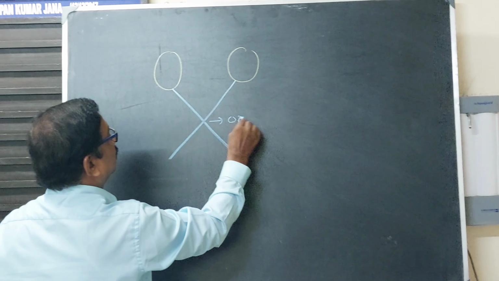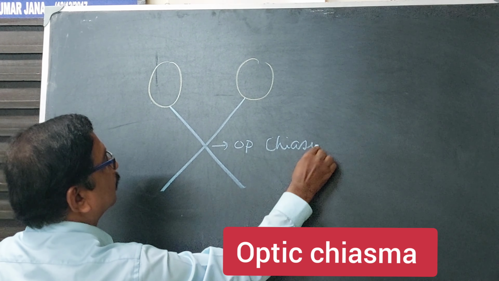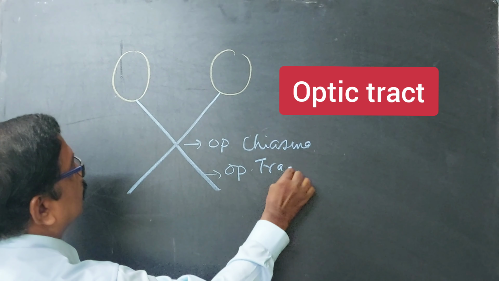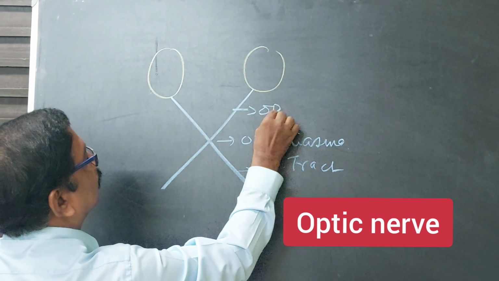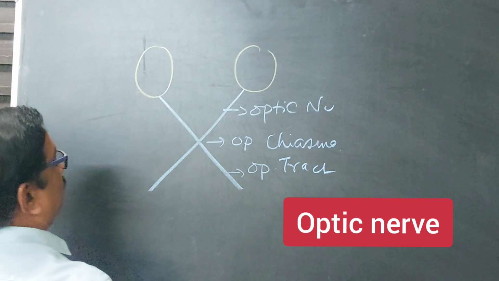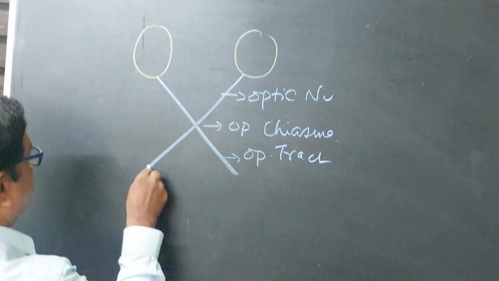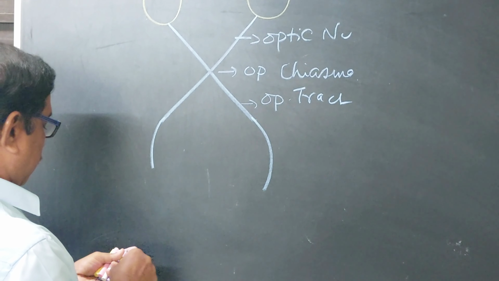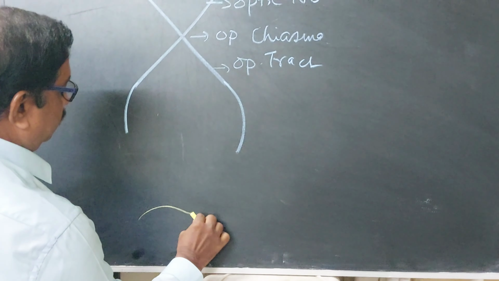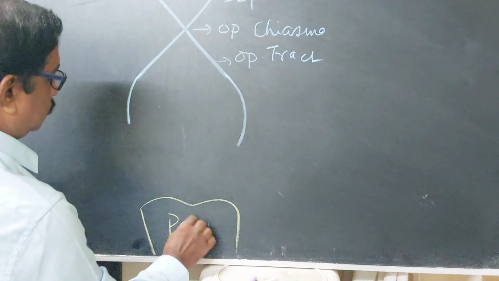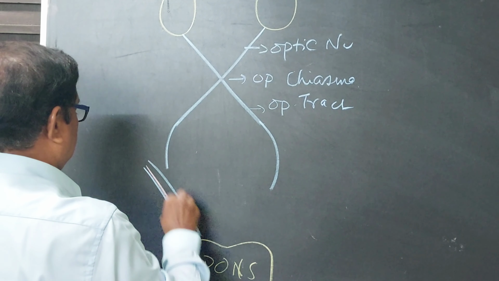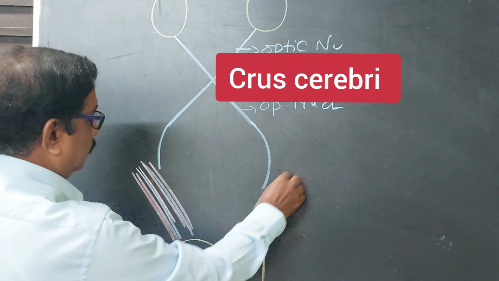So this is optic chiasma, and this one is the optic tract, and this is optic nerve, and this optic tract going like this to the superior colliculi of the midbrain, and if this is the pons, this is upper border of the pons, and from there this is the crus cerebri of the midbrain from both sides.